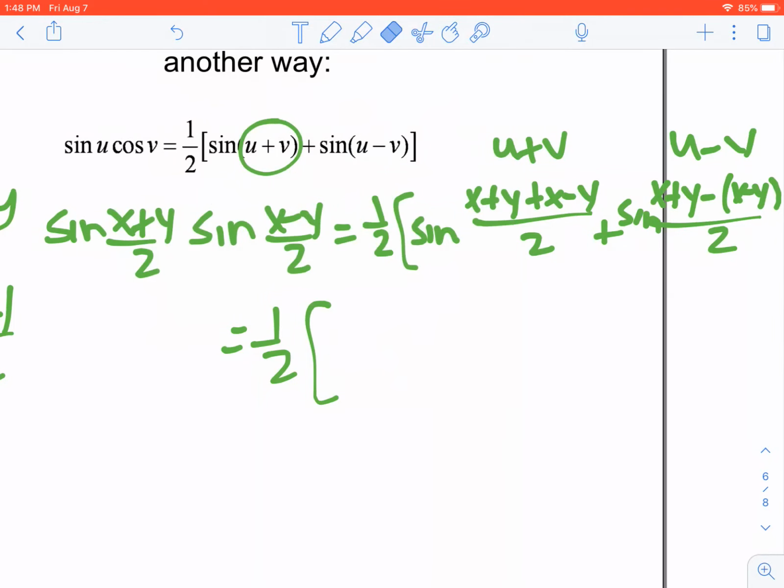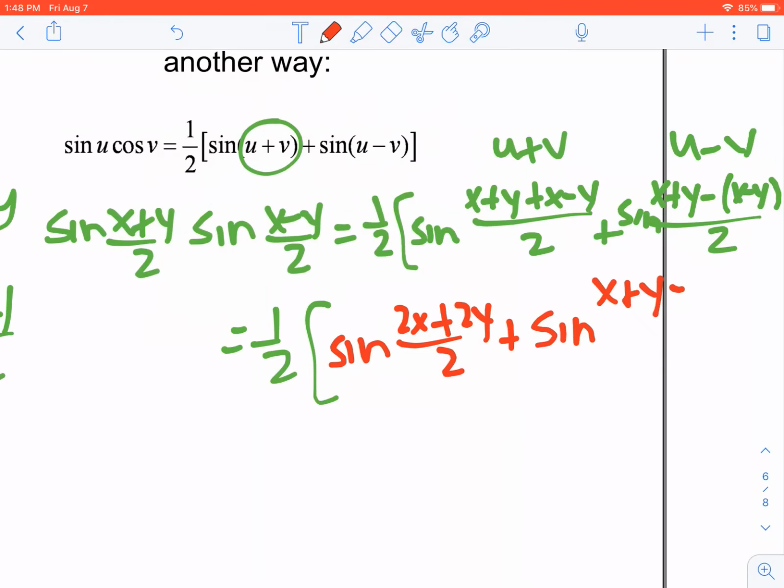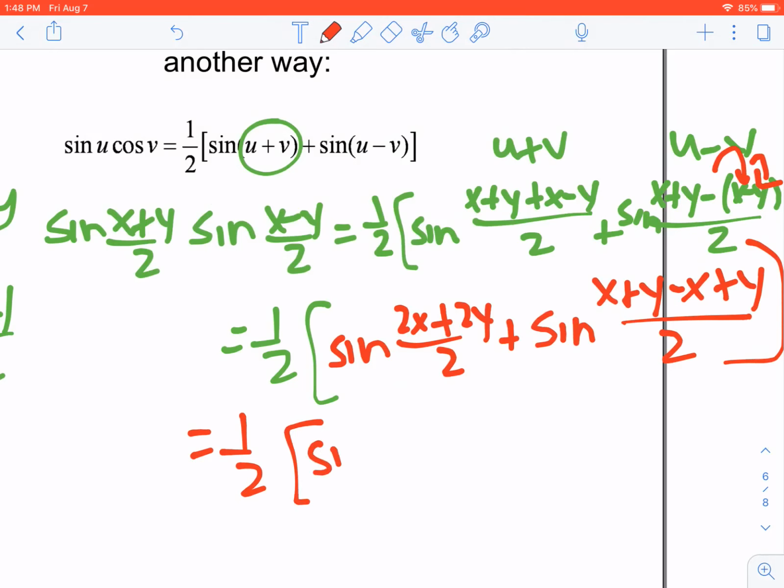I did not write the trig function sine in front of it. So that's going to give me 2x plus 2y over 2 plus the sine of x plus y minus x plus y when I distribute that negative over 2. So that gives me 1/2. Well, if I factor out a 2 in that numerator, the 2's are going to cancel.